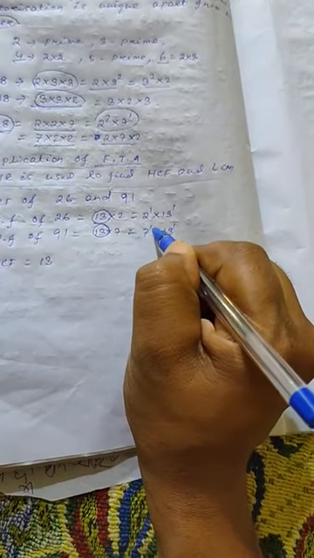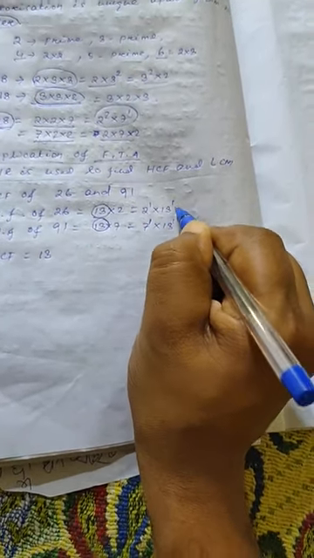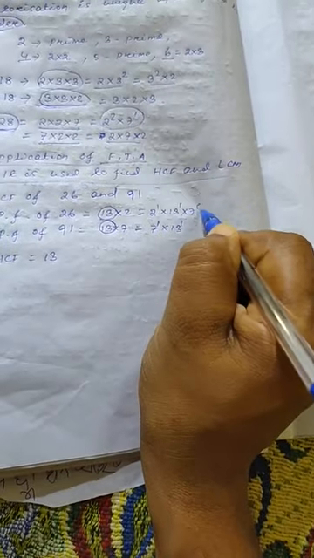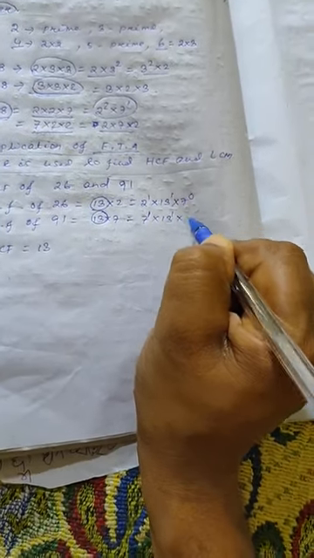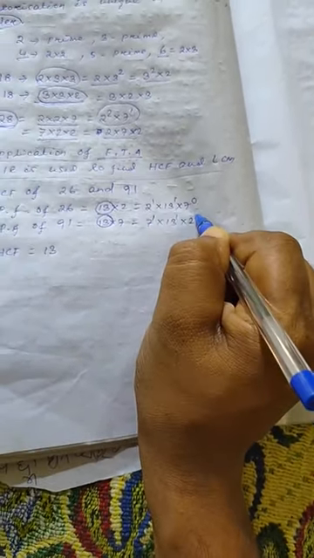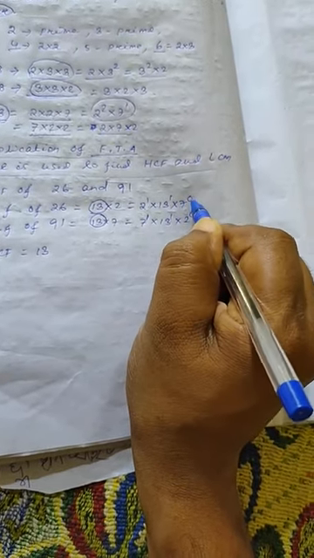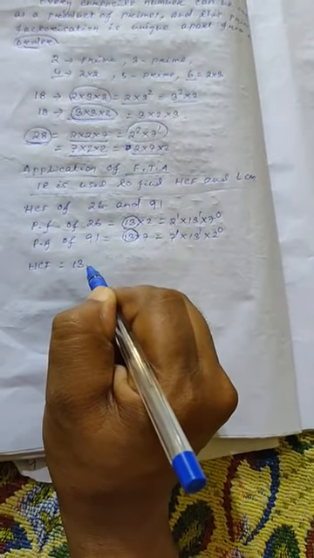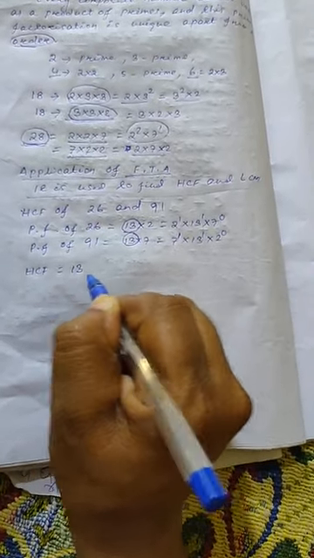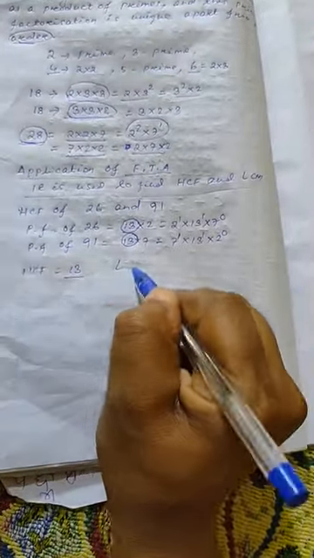Here 7 is 1 time, but here 7 is 0 times. Here 2 is 1 time, here 2 is 0 times. So we take the smallest power. 7 to the power 0 is 1, 2 to the power 0 is also 1, so no need to write these. So HCF is 13.